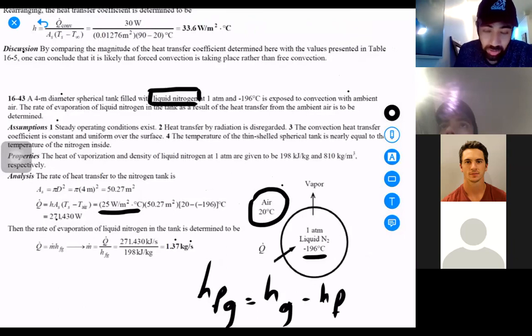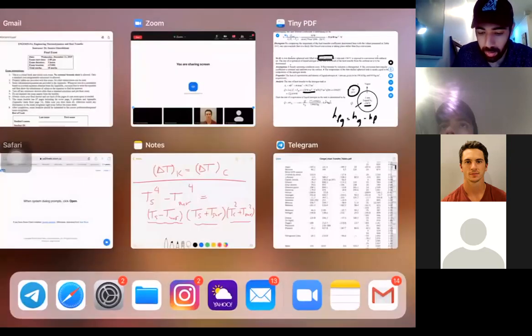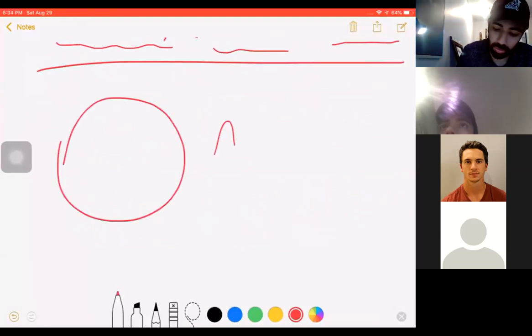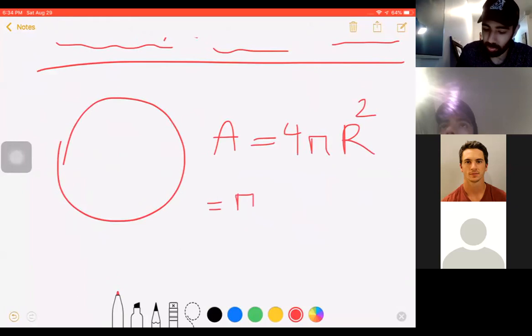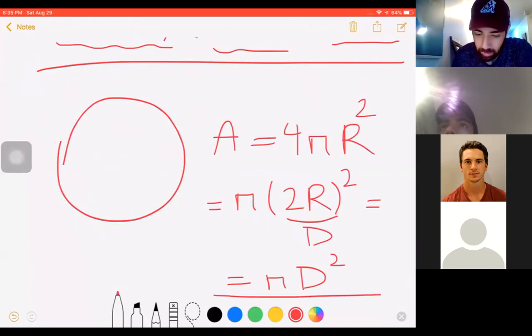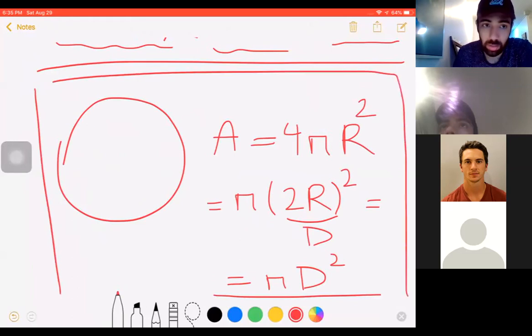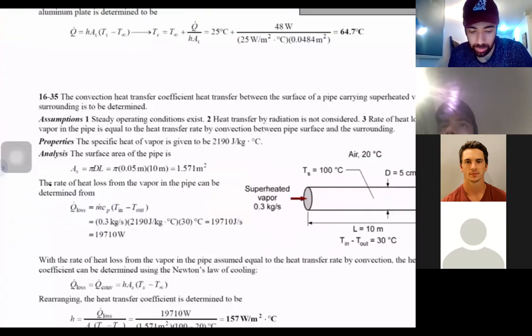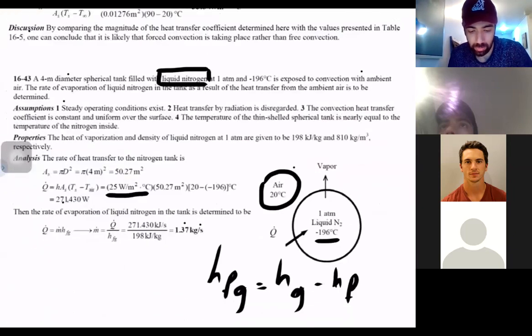The area is the area of the sphere. If you remember, the area of a sphere is equal to 4 times pi times radius to the power of 2, and that could be written as pi times 2r to the power of 2, and 2r is diameter, so it is pi times diameter to the power of 2, and we can use this area for calculating the amount of convective heat that was transferred.